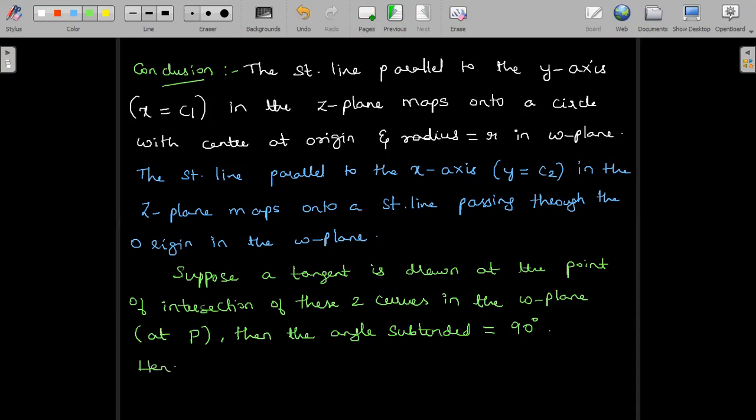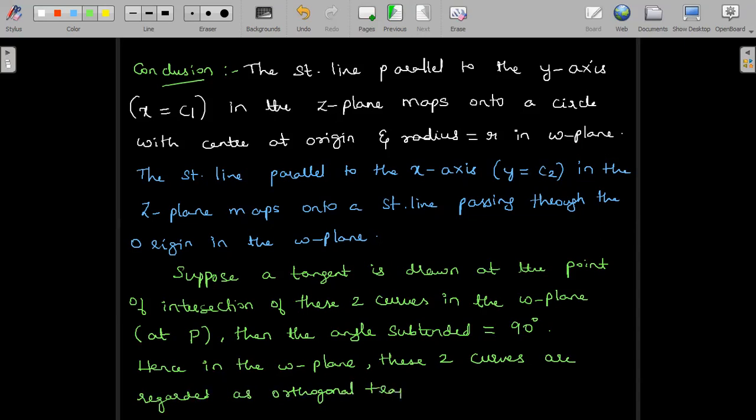Hence, in the W plane, these two curves, the circle and the straight line passing through origin, are regarded as orthogonal trajectories of each other.